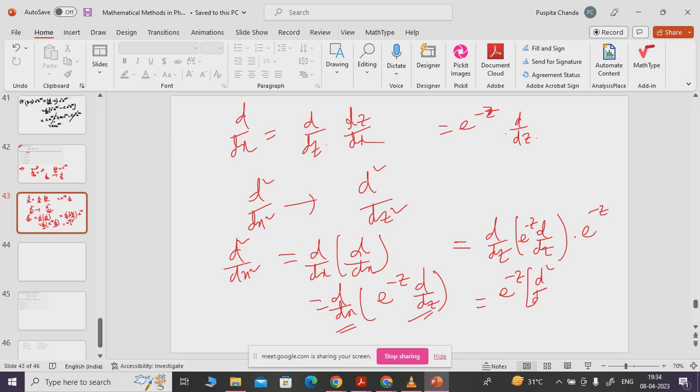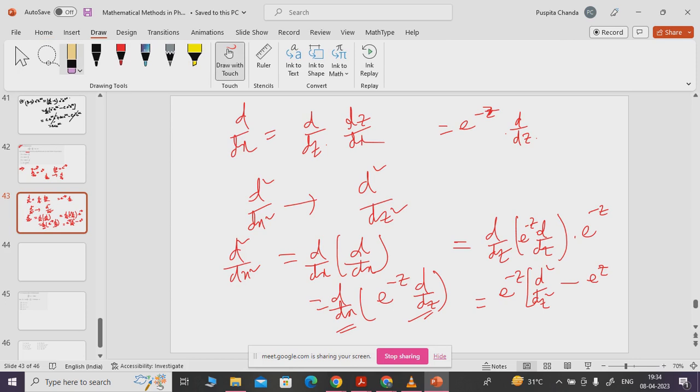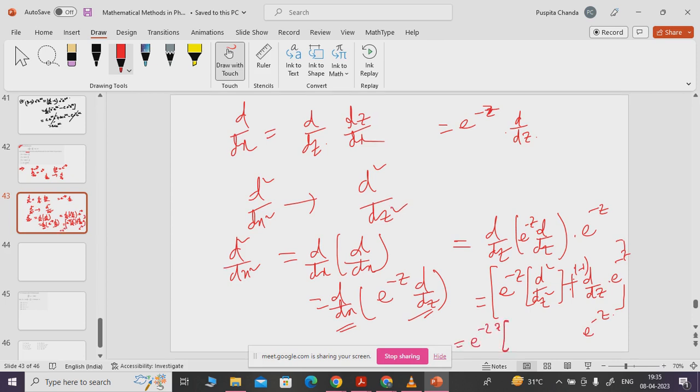So after having this solution, we will have e to the power minus z d²/dz² minus e to the power z plus d/dz e to the power minus z into minus 1 whole into e to the power minus z.